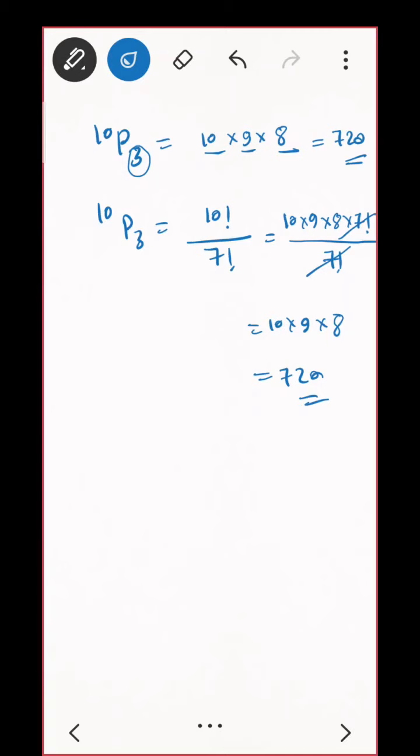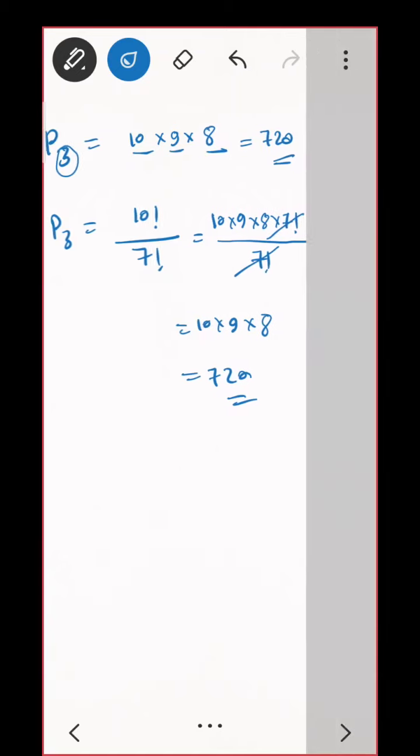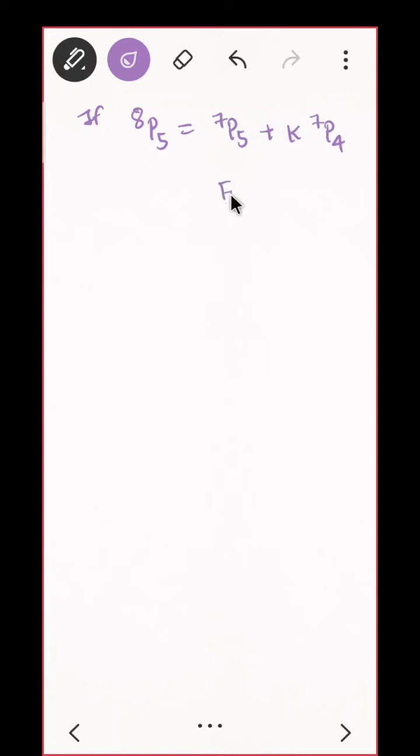Okay, if I ask you some problem related to this, let me see whether you can do it or not. The question is this: if 8P5 is equal to 7P5 plus k times 7P4, find k. Can you do that?